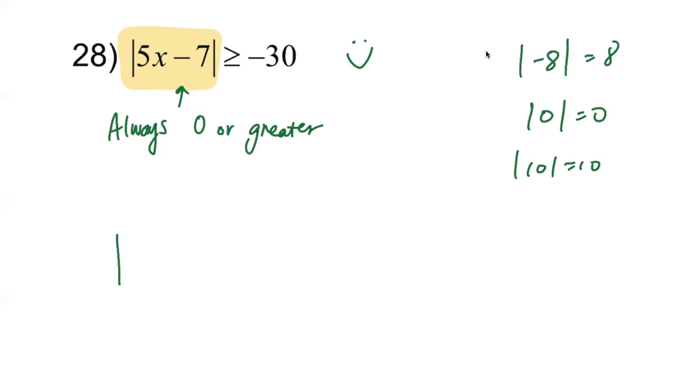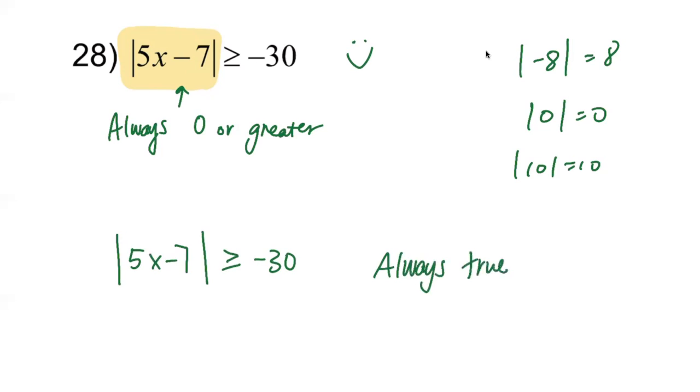So we say the absolute value of 5x minus 7 is greater than or equal to -30. This statement is always true, regardless of x value.